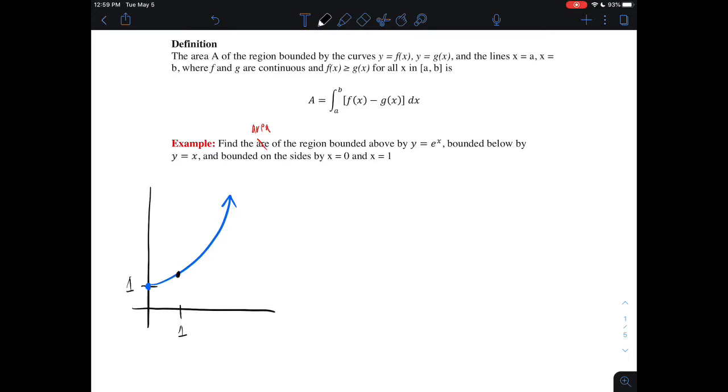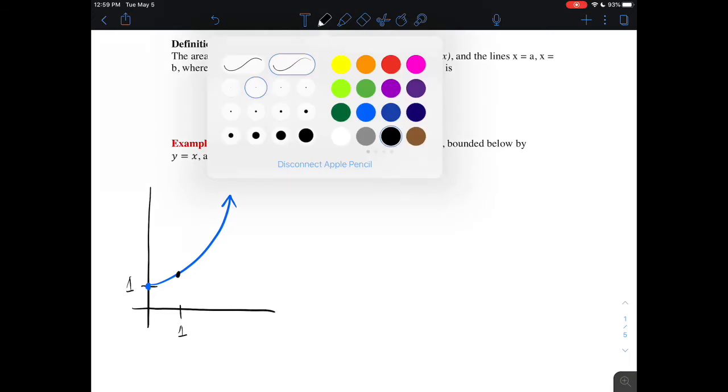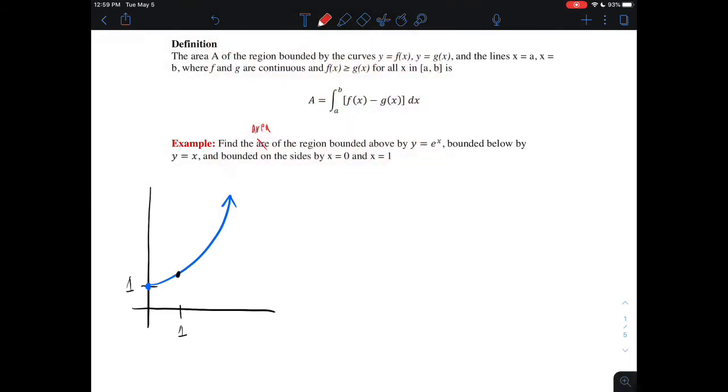And then the other graph, y equal x, that's just a line with y-intercept 0 and slope 1. So we could say this is 1, 1 here. There's our line from x equals 0 to x equal 1.